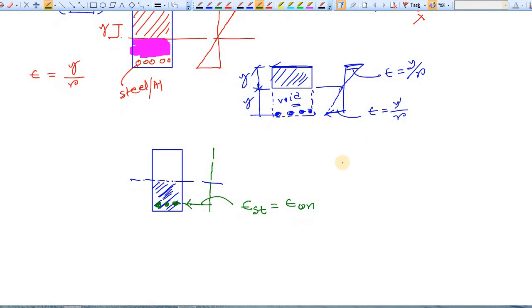From Hooke's law, you know that stress is equal to modulus of elasticity times strain.